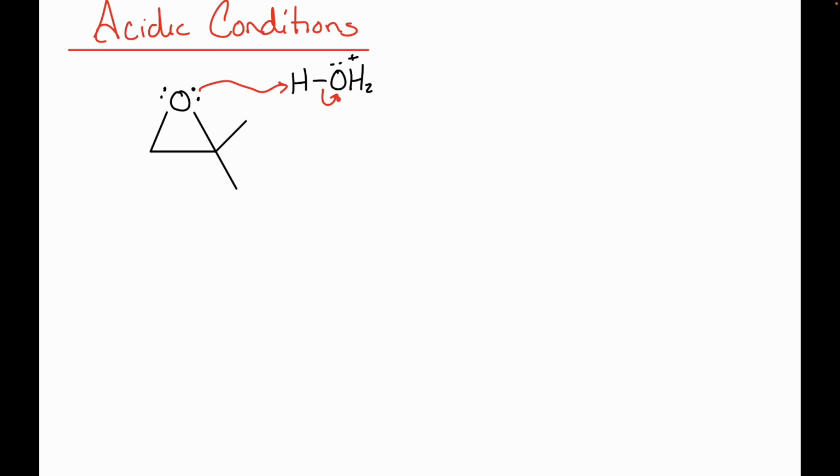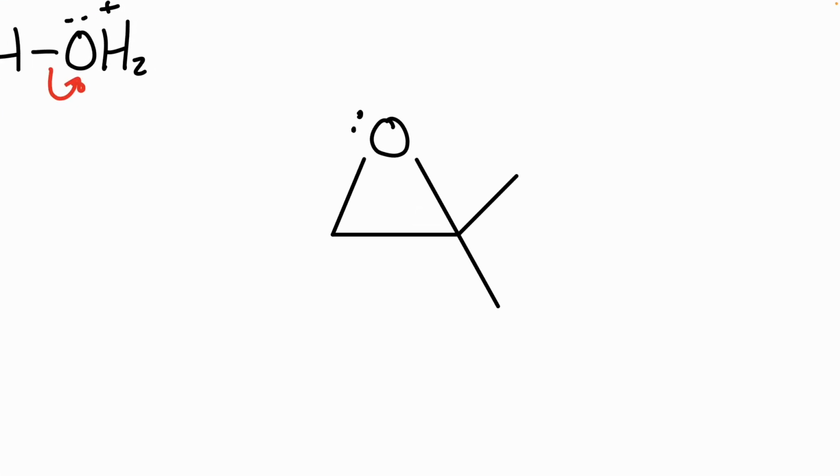All right, so if we have a protonated epoxide, all right, now remember we said that we can react these protonated epoxides with our weak nucleophiles. We can get away with our weak nucleophiles under acidic conditions because we've created an even better electrophile by protonating that oxygen. We've weakened that carbon-oxygen bond.